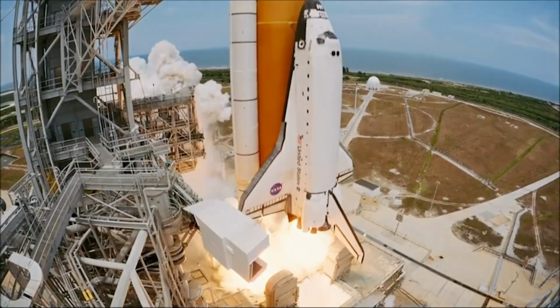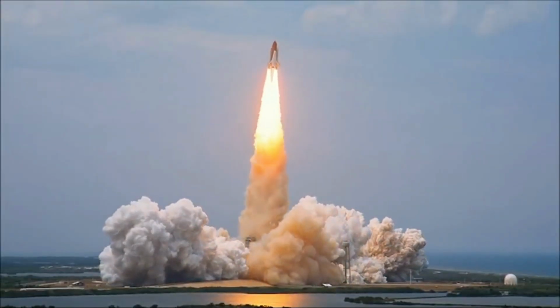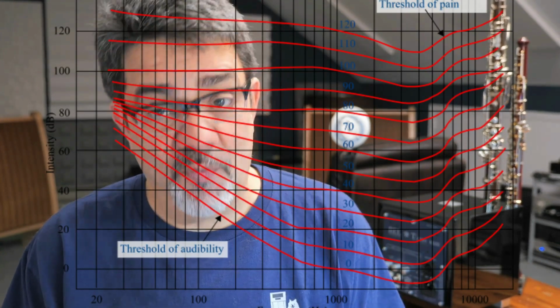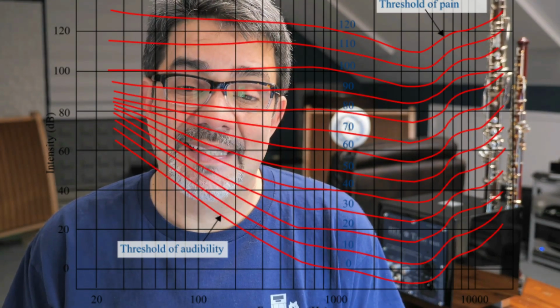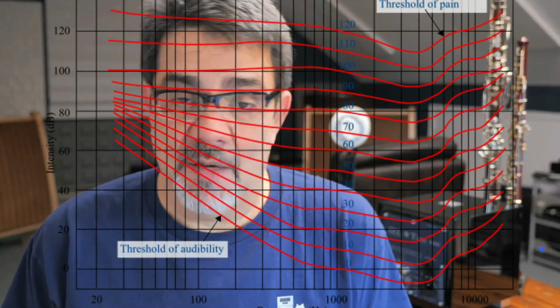I found the definition here, and I'll try to explain it in the best way I can, but you know that I don't know anything. I'm not a NASA scientist. According to Wikipedia, the Fletcher-Munson curves, also called the isophonic curves, were designed by Fletcher and Munson in 1933, while they were working for Bell Labs.